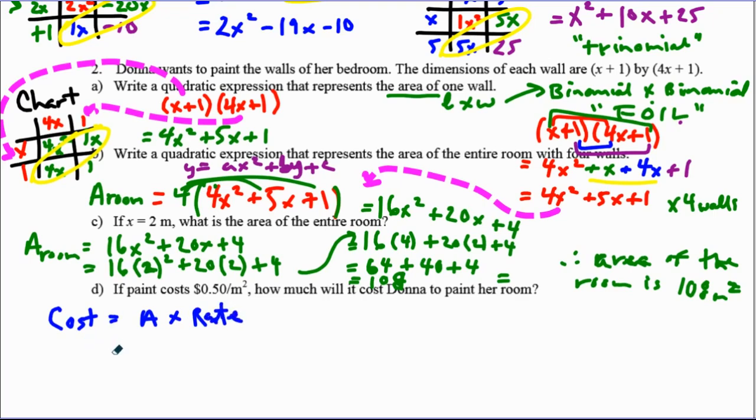So the cost equals, the area is 108 times 0.5. And so half of 108 is 54.